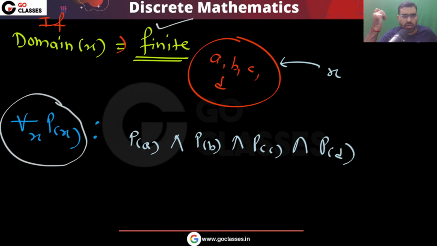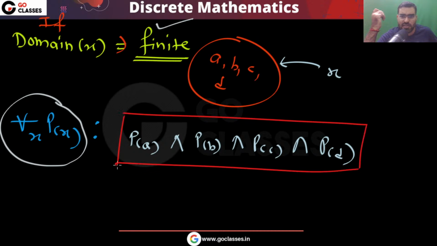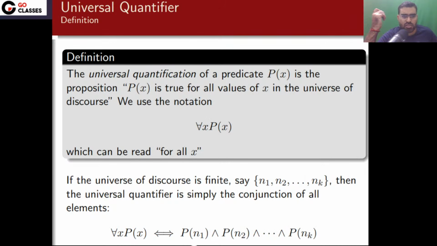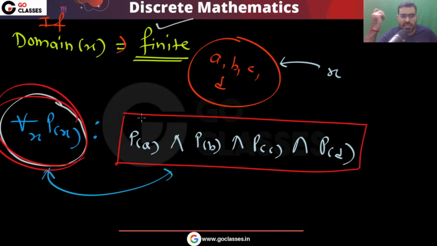So if your domain is finite, then your universal quantifier is nothing but a conjunction of all these elements. This is something important: for all x px is just pa and pb and pc and pd.